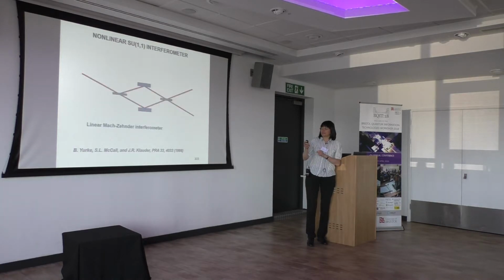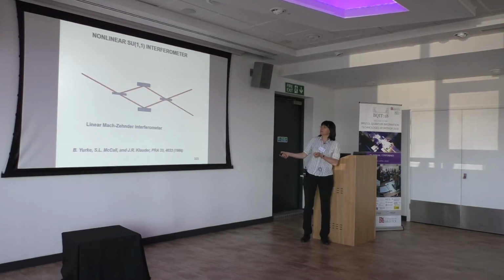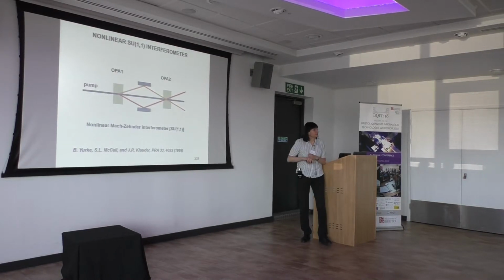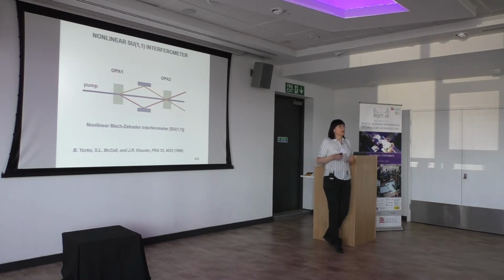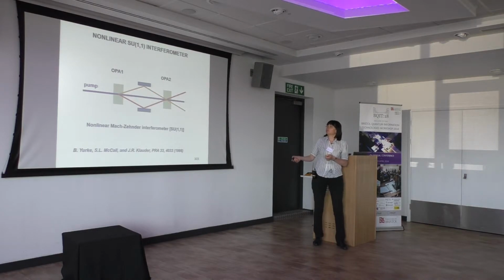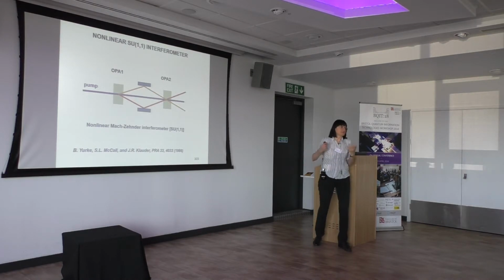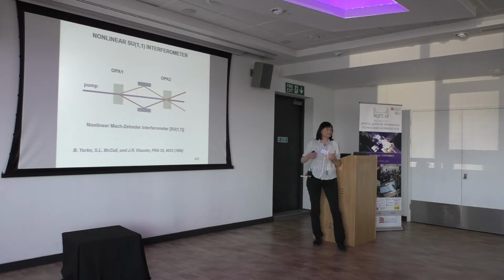The idea is that if you have a Mach-Zehnder interferometer, which we know, and replace the beam splitters by optical parametric amplifiers, which can work through parametric down-conversion or through four-wave mixing, then because these elements perform, instead of an SU(2) transformation in terms of group theory, an SU(1,1) transformation, this is called, first of all, a nonlinear interferometer because there are nonlinear crystals instead of linear beam splitters, and second, SU(1,1).